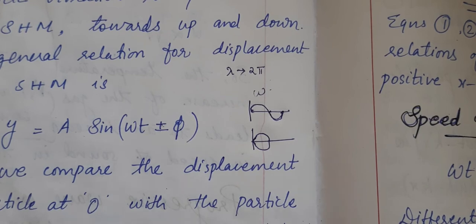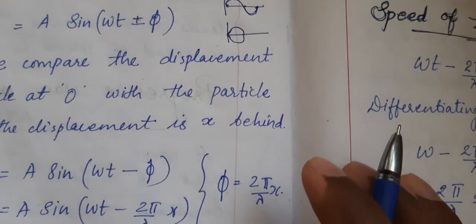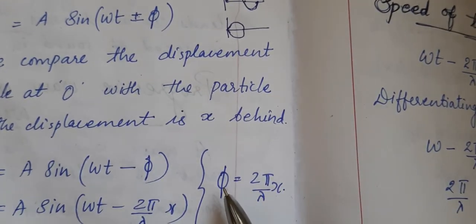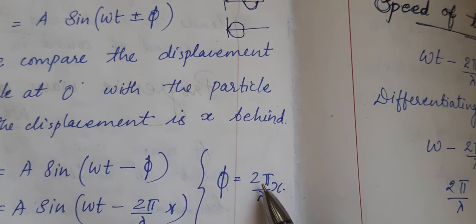So in that sense, we express this phi, this phase difference term, the angle term, as 2 pi by lambda times x. So there is an equation representing this phi: 2 pi by lambda x is phi.